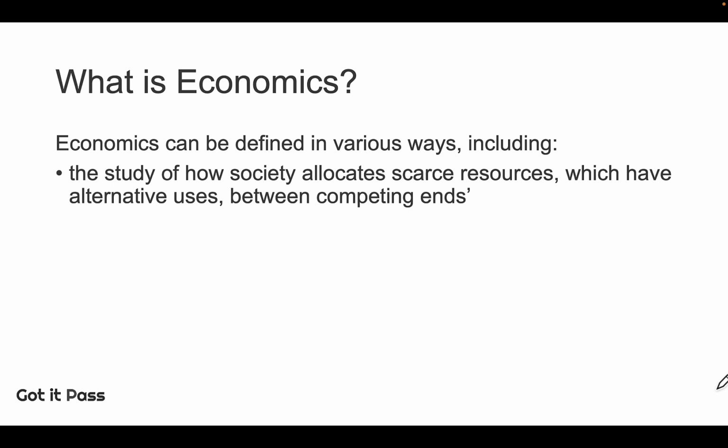What does that mean? The basic principle or rationale behind economics is about resources and about how to allocate scarce resources. It is the key concept behind economics, or the reason why we have economics in the world.